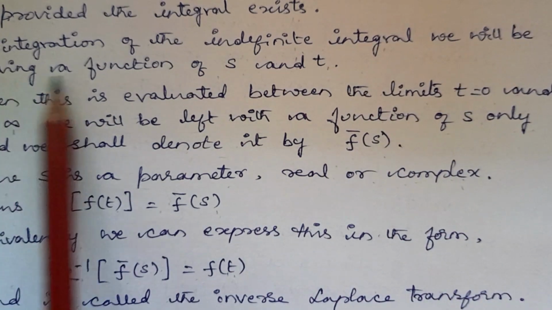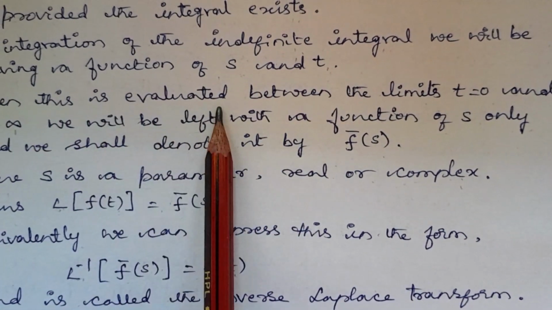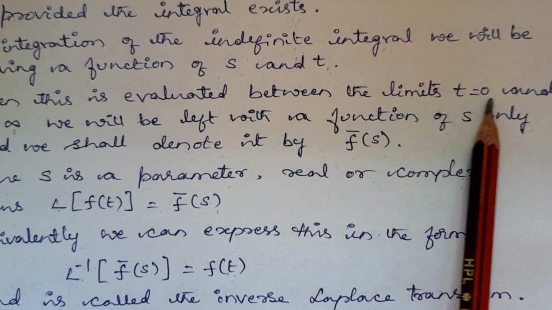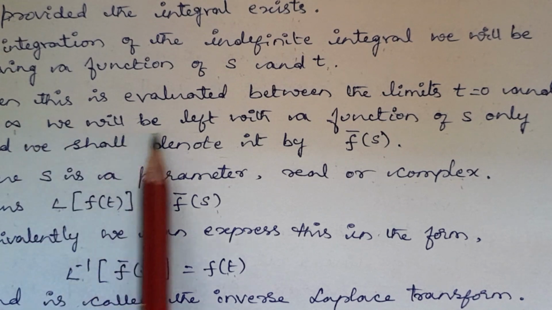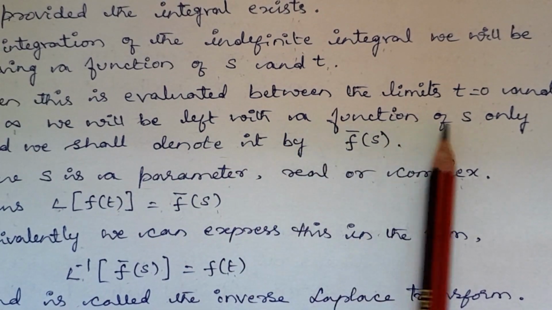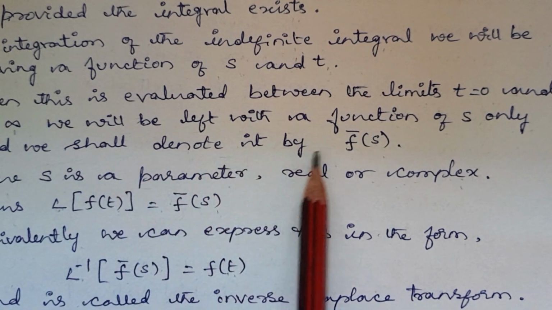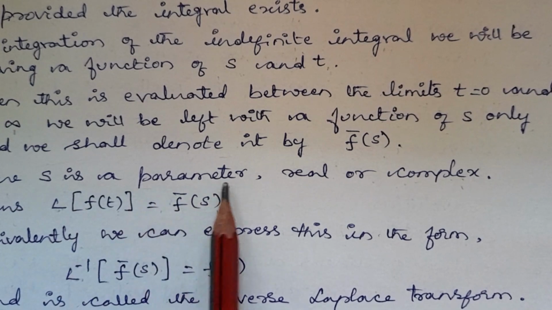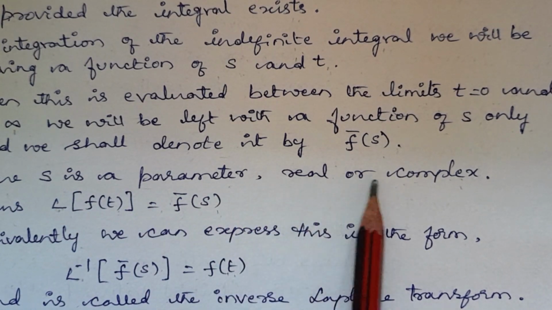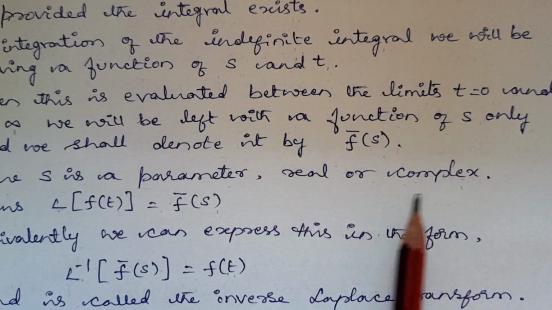We will be having a function of s and t. When this is evaluated between the limits t equal to 0 and t equal to infinity, we will be left with a function of s only, and we shall denote it by f bar of s, where s is a parameter, real or complex, meaning both real and imaginary values.